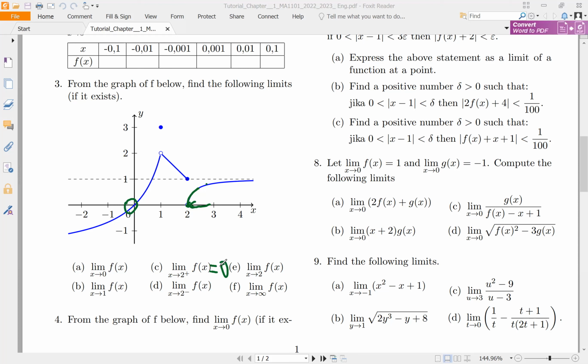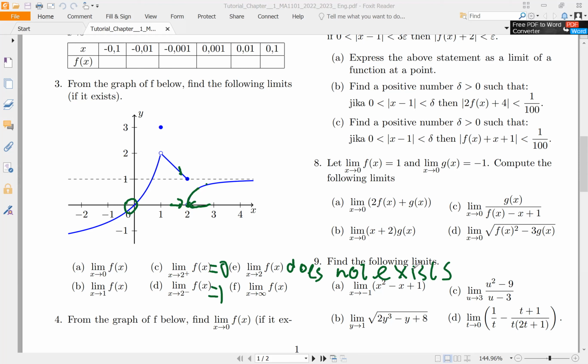On the other hand, if x is approaching 2 from the left, then f of x is approaching 1. So the left-hand limit is 1. The limit at 2 does not exist.